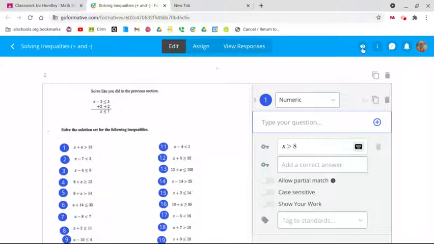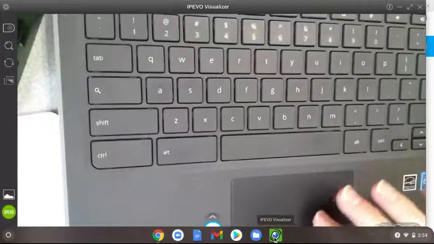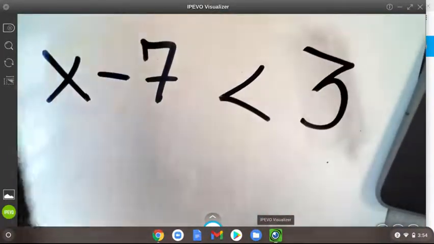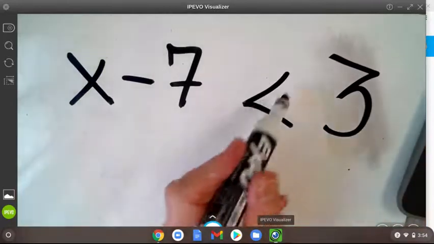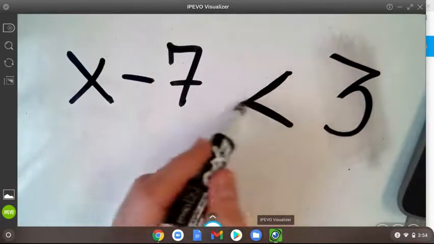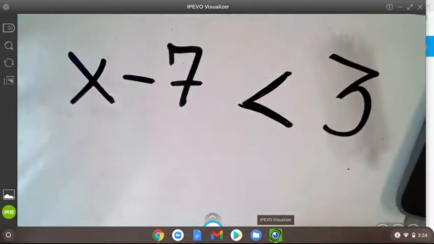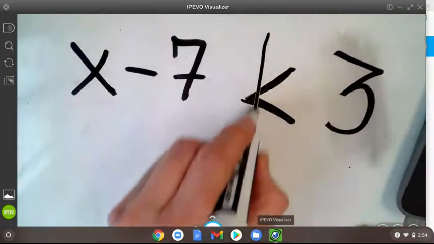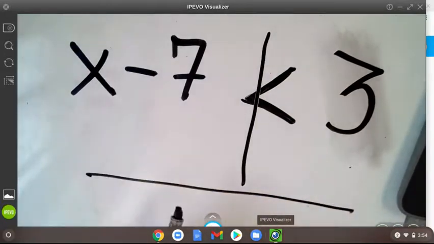For number 2, we're going to go back to my board here. Number 2 says x minus 7 is less than 3. This is how I would read this: x minus 7 is less than 3. Or you could say 3 is greater than x minus 7 and read it backwards. To solve this, once again, I'm going to think like it is a balancing scale.